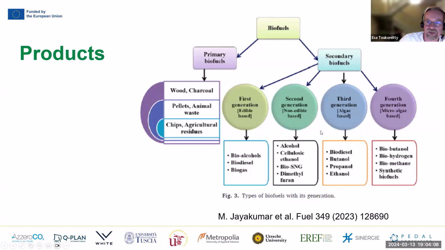But here is also second generation. So the products are the same alcohols as here, but the production route or process is different. Then synthetic natural gas, that's also very close to biogas, and dimethyl furan.